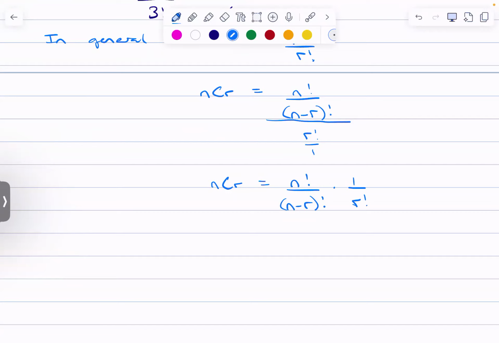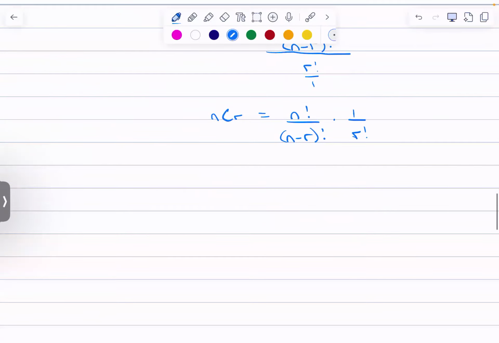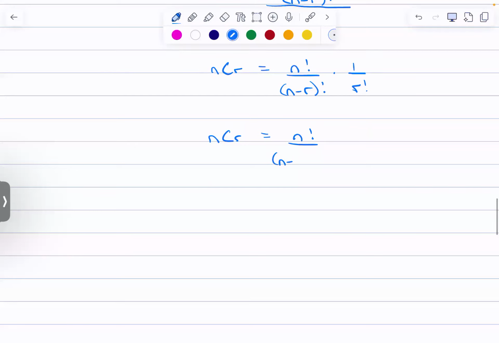And that's how we get the factorial definition of nCr, which is just n factorial over n minus r factorial, r factorial.